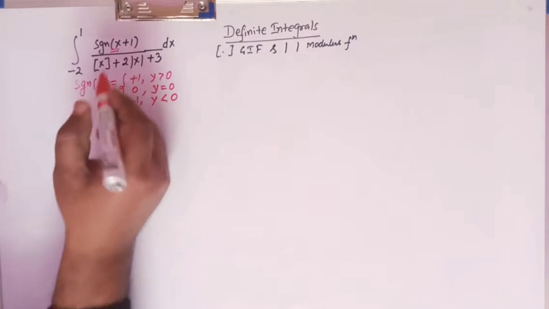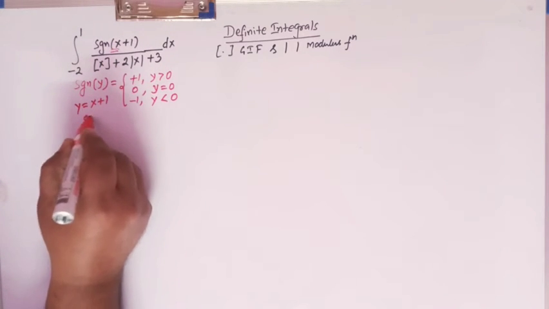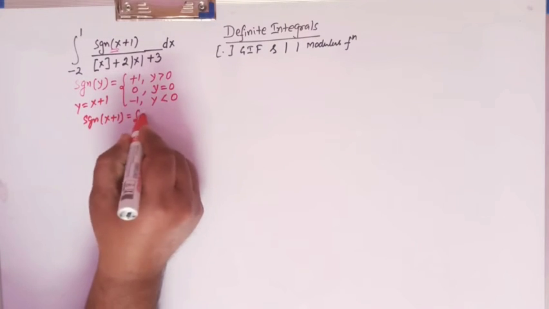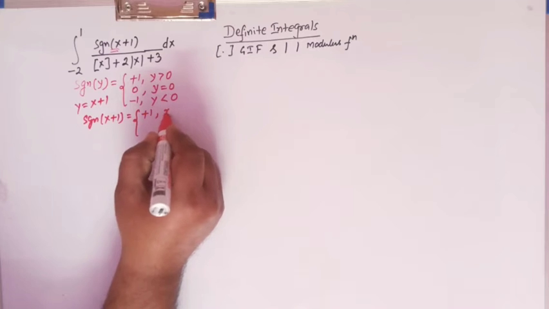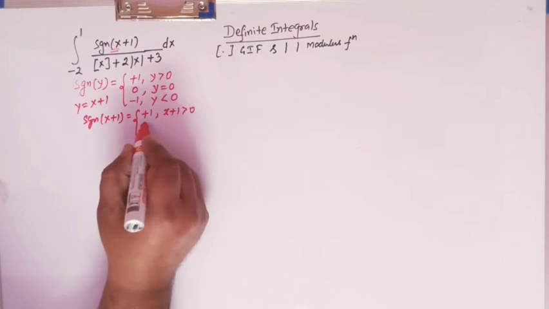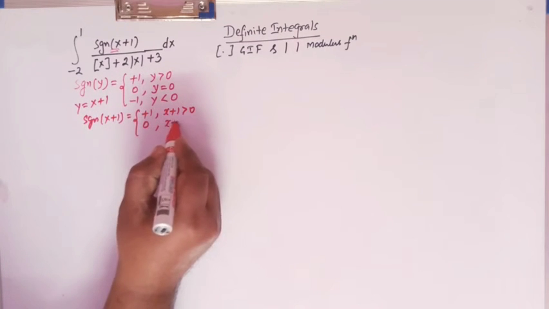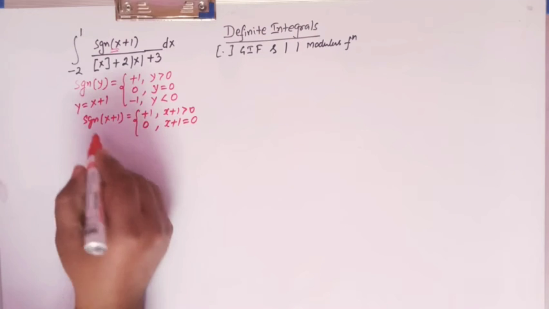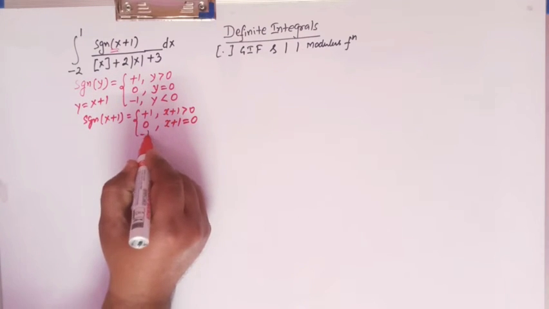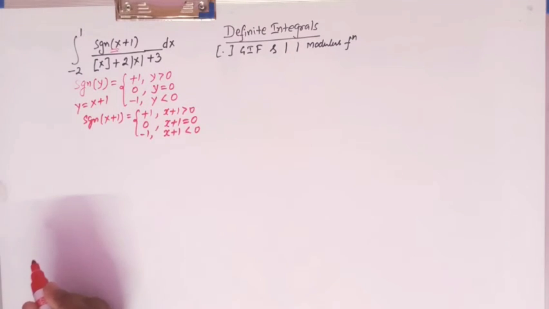If we replace y by x + 1, signum of x + 1 is +1 whenever x + 1 is greater than 0, 0 whenever x + 1 is equal to 0, and -1 whenever x + 1 is less than 0.